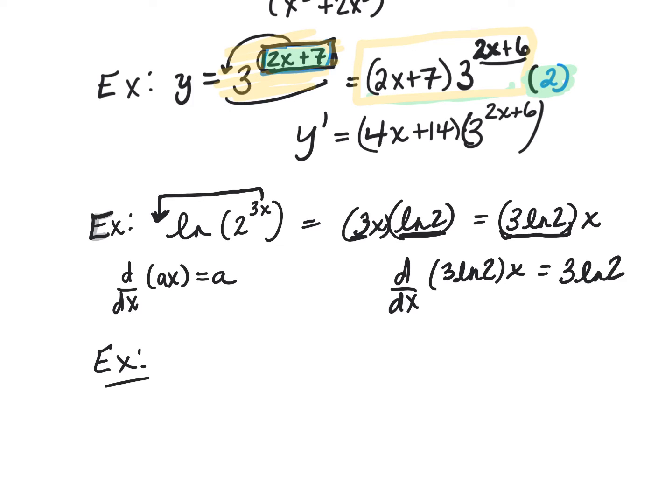So I want you to try one. y is equal to, in this case, the square root of r to the 4th plus 1. I would like you to find dy dr. And why did I say dy dr? Because r is the variable.